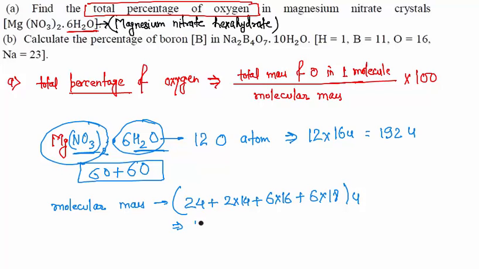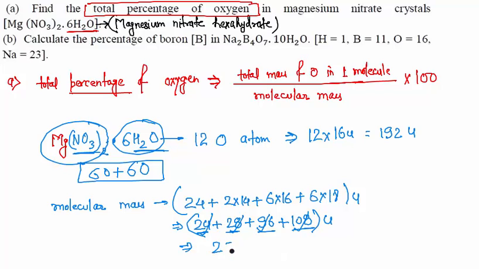So 24 plus 28 plus 96, and plus 18 into 6 is 108 U. Adding 96 plus 24, it is 120, and 120 and 108 is 228, and again 28, so 256 U.